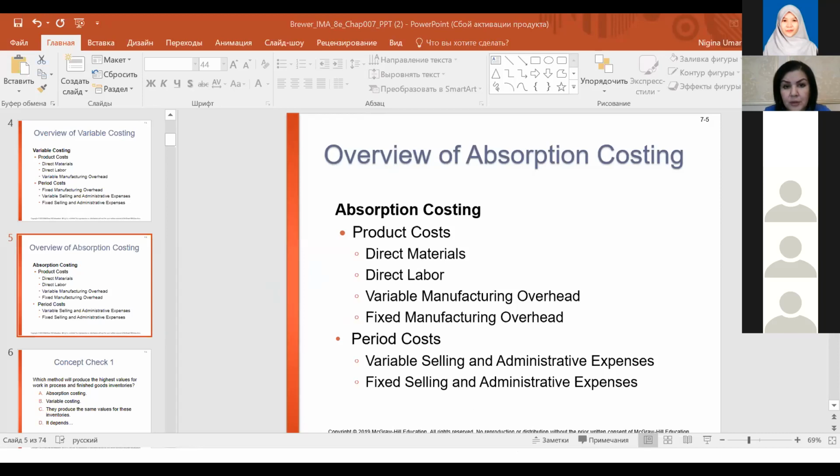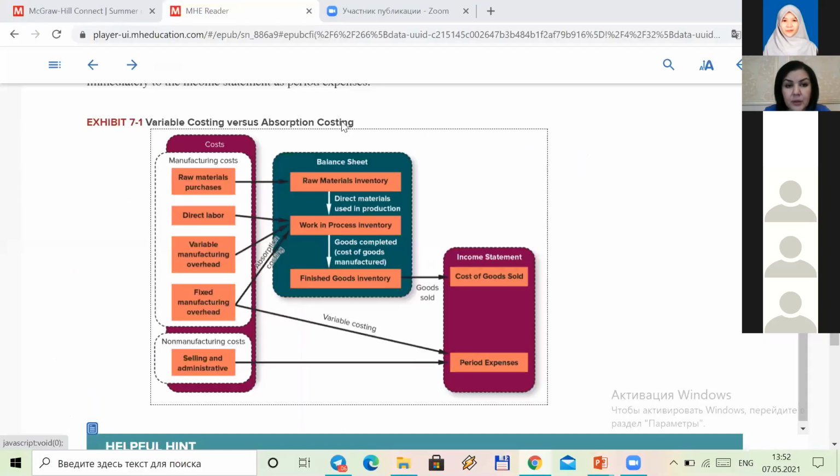So let's look at this diagram. I will just try to open it from the book. Can you see this exhibit 7.1? Yes.